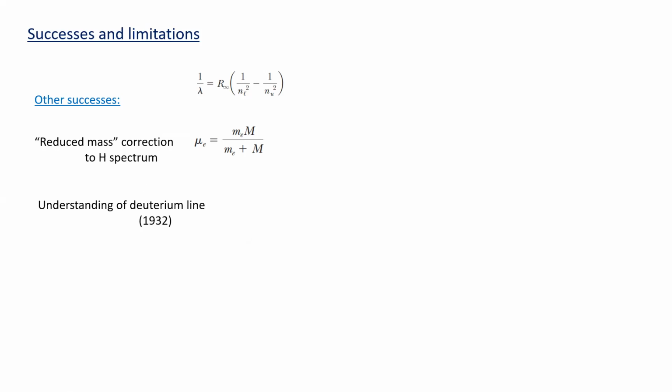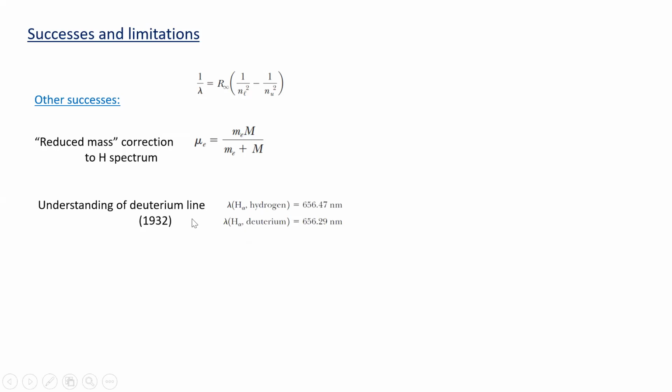It's got a proton and a neutron, rather. So it has more mass, and with more mass, that's going to shift the mass that we use in the reduced mass here, and that's going to shift the spectral lines that we see.